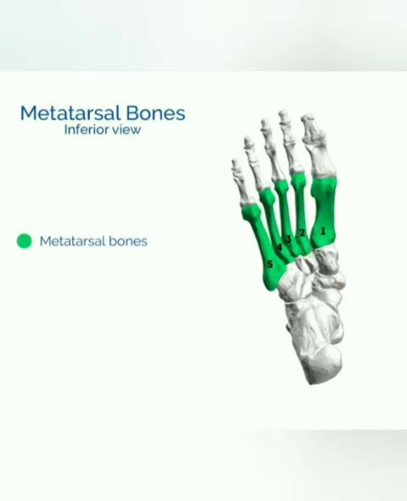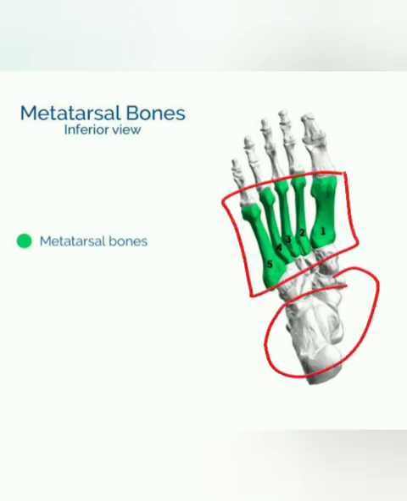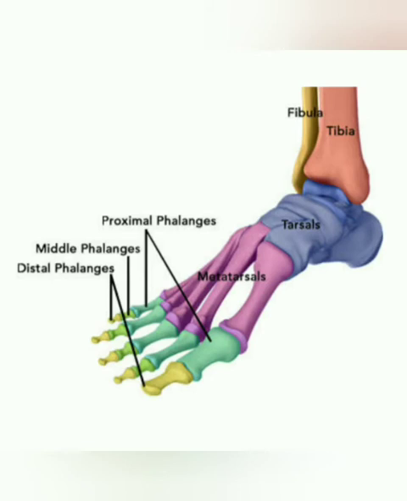And these bones are located between the tarsal bones of the hind and middle foot and the phalanges of the toe. So we have already read about fibula, tibia, tarsals and metatarsal.